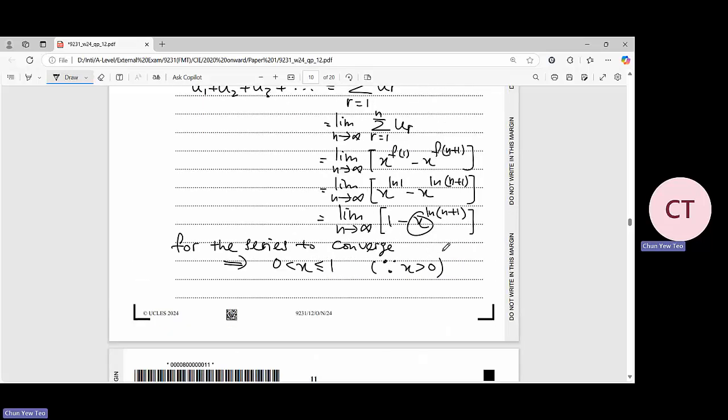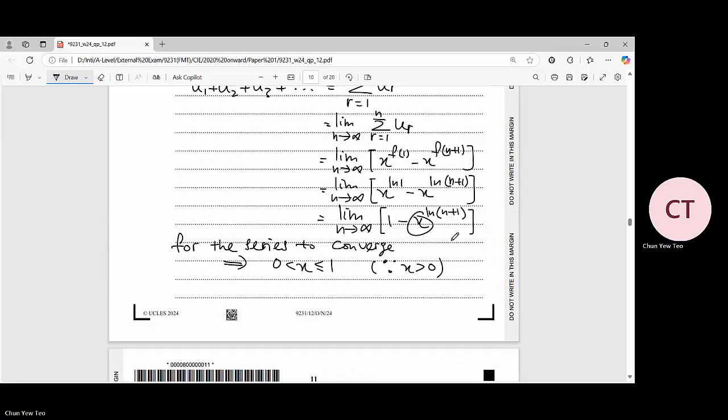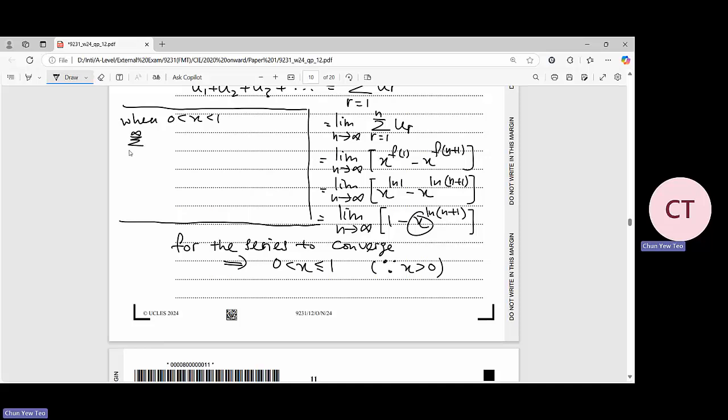To find the sum to infinity, we need to be careful. I need more space, maybe I write it over here. When x is between 0 and 1, the sum to infinity: because this value is between 0 and 1, if you raise it to the power of infinity it becomes 0, so you get 1 minus 0, which is 1.